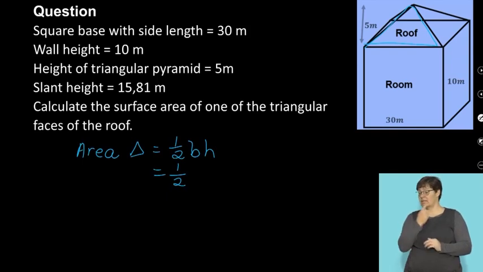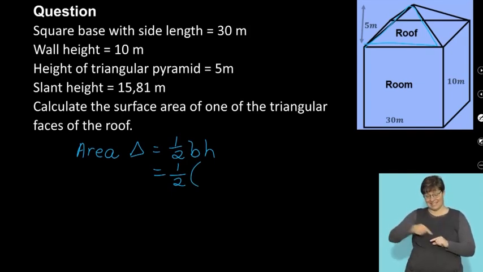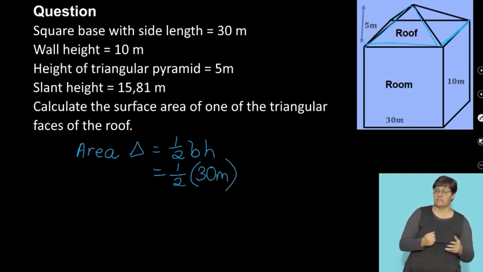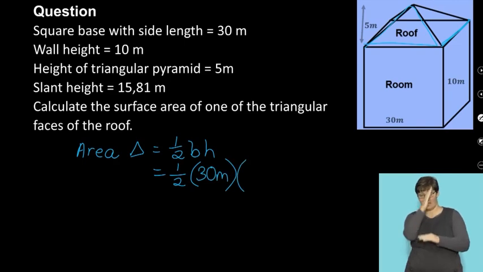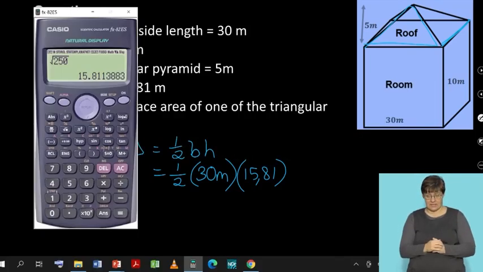So we're going to say half of the base, which we know that the base of this particular triangle is 30 meters. That's directed by the walls, and that's going to be multiplied by my height. And my slant height I've just worked out to be 15,81.